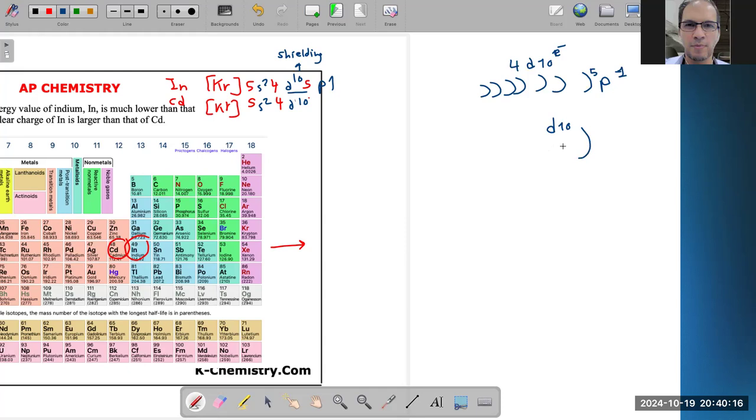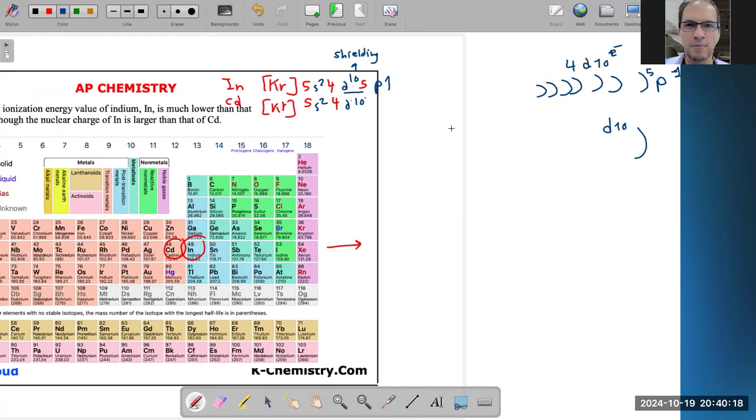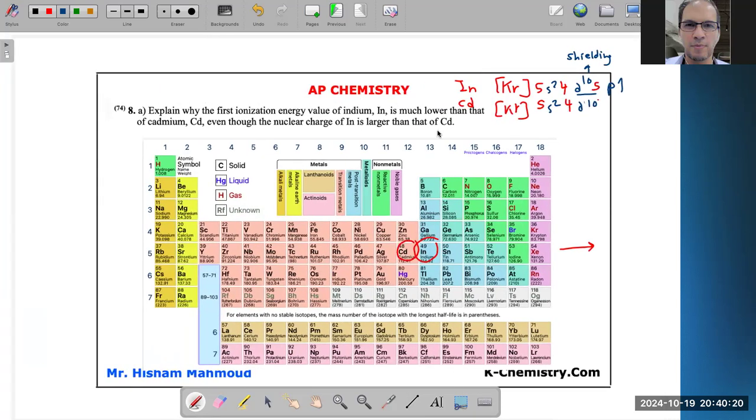So the electron in the 5p1 needs less energy because it is more shielded by the 4d electrons. Any electron in group 13 will show a difference in shielding.